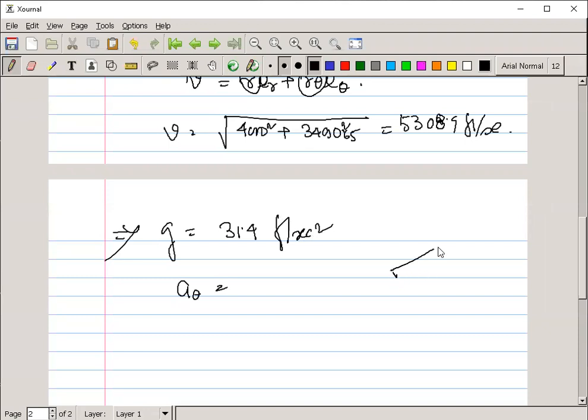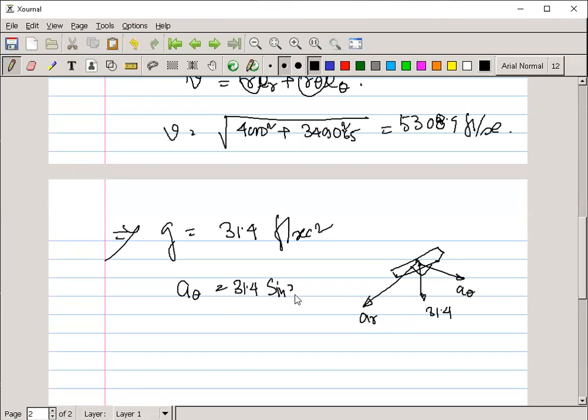If we draw that, you can easily understand that one is along the v theta direction, here it is a theta. Another one is towards the ground, the direction of acceleration, 31.4. The other one is at 90 degrees, this would be a r, right?